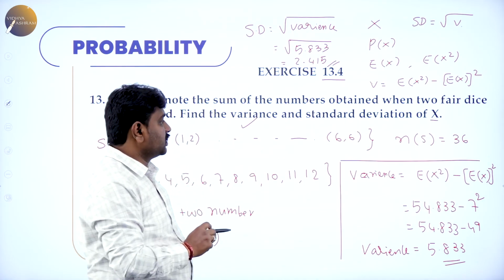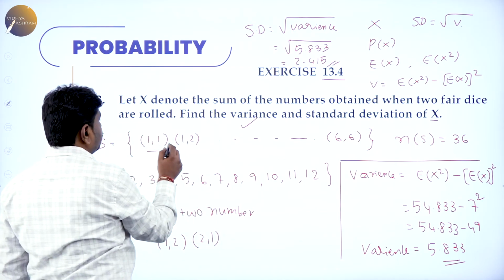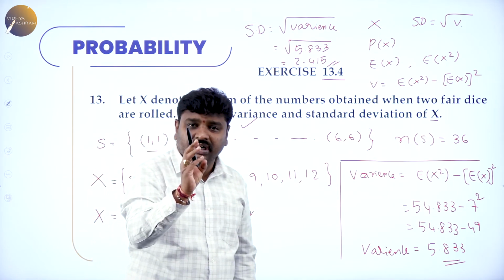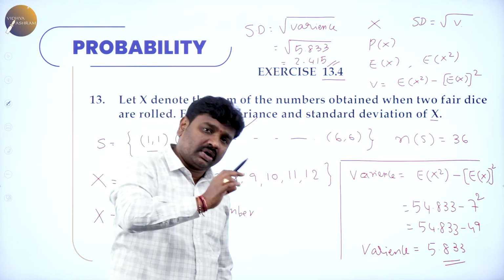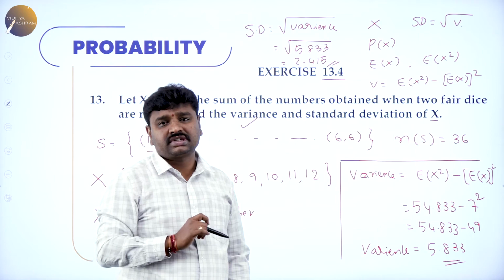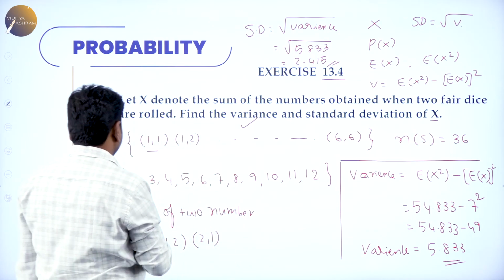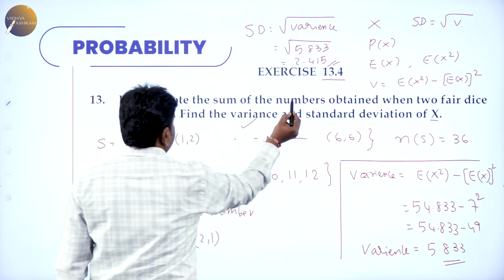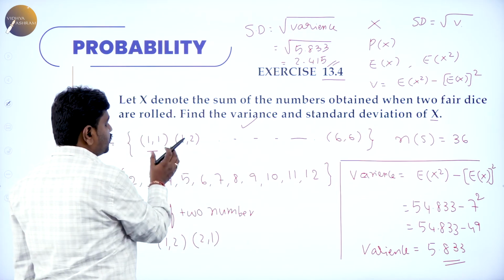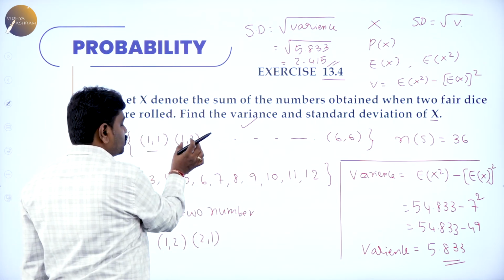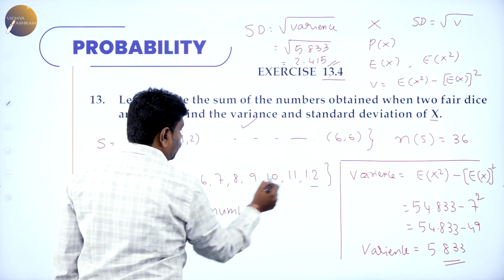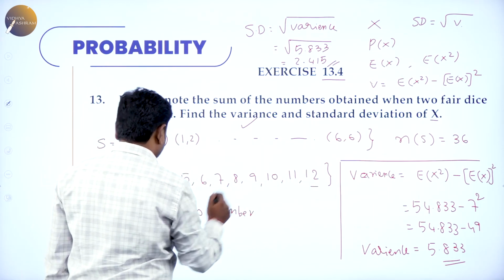So by this I conclude the class, because now I taught you how to calculate mean in my last class. Now you got variance and also you learned standard deviation. So let us summarize. Here x denotes the sum of the numbers when you roll 2 dice: 1 plus 1 is 2, 1 plus 2 is 3, 4, 5, 6, till 12 you will get. So 2 to 12 you will get.